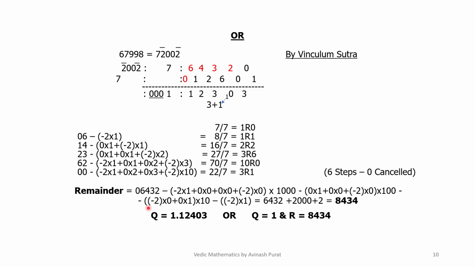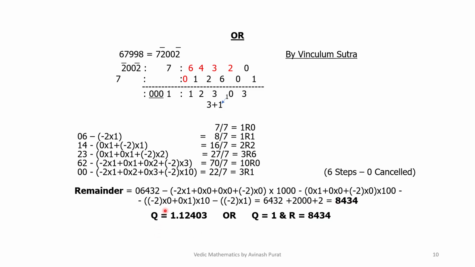So we get 6432, minus 2 becomes plus 2, so 2000 plus, here there is 0 into 100 plus 0 plus 2, so 6432 plus 2000 plus 2, that is 8434.